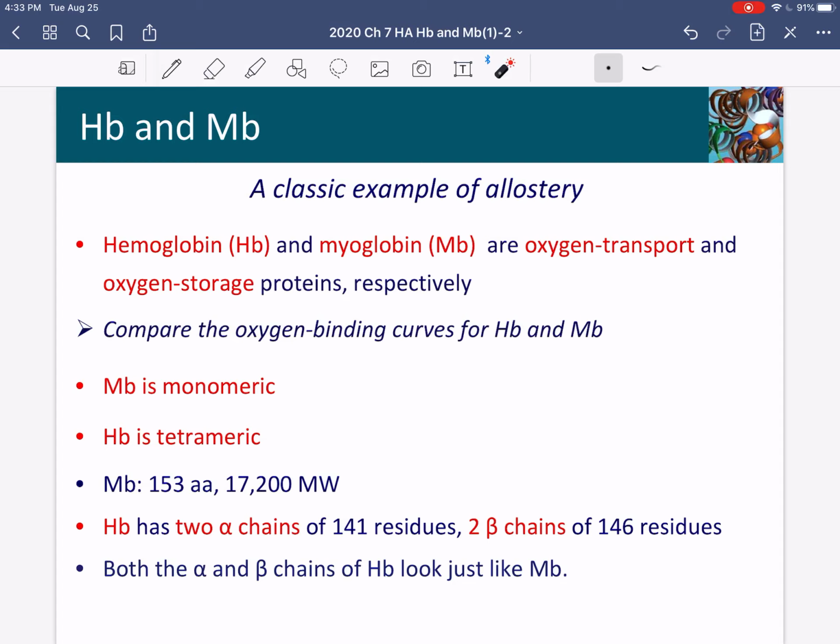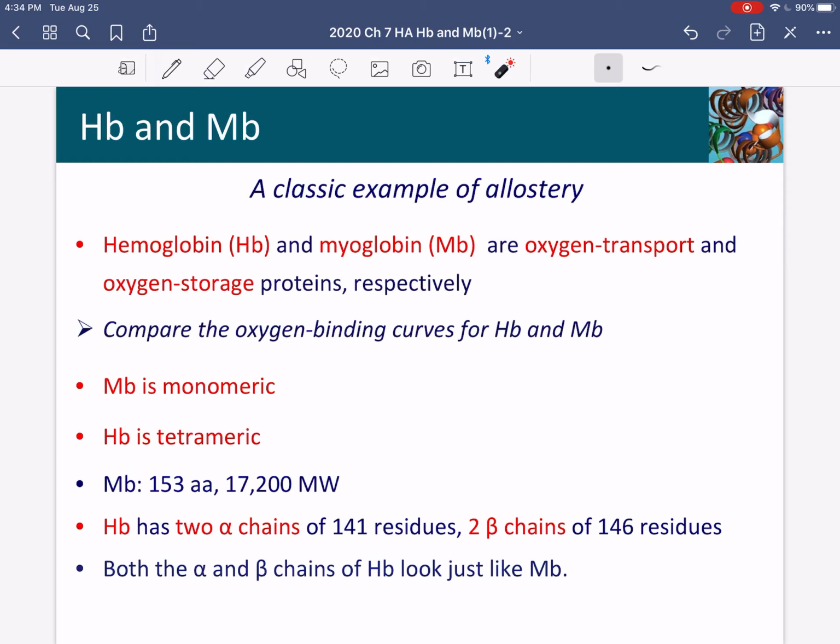Okay, so we'll talk about how allosteric effectors, molecules like BPG or a proton or even a carbon dioxide, can bind to the hemoglobin tetramer and change its function.